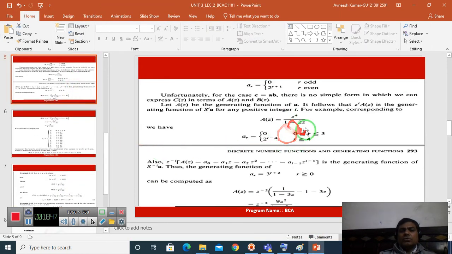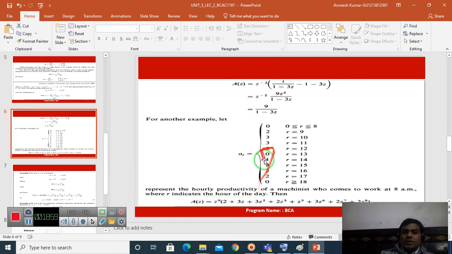Now we can also solve this problem, z to the power 4 upon 1 minus 2z. Just divide by this term and you will get this solution. We have another example: if we put r equal to 0 to r equal to 8, the series will start from the ninth term.